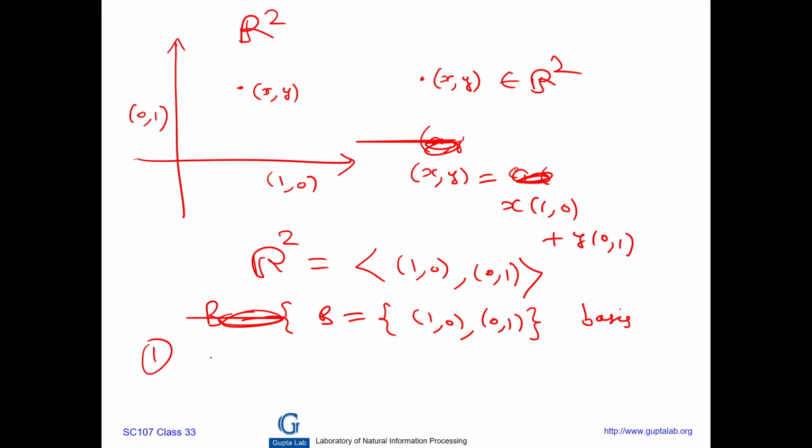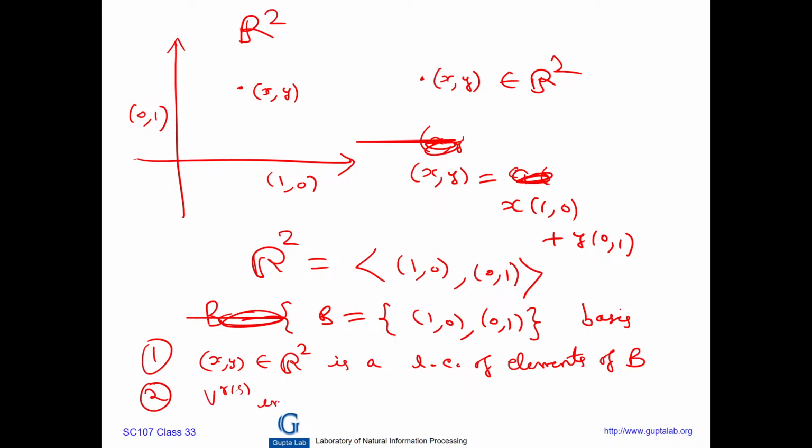Number one, any point (x, y) in R square is a linear combination of elements of B. Number two, these two vectors in B are linearly independent. Please note these notations which I am using: LC means linear combination, and LI means linearly independent.